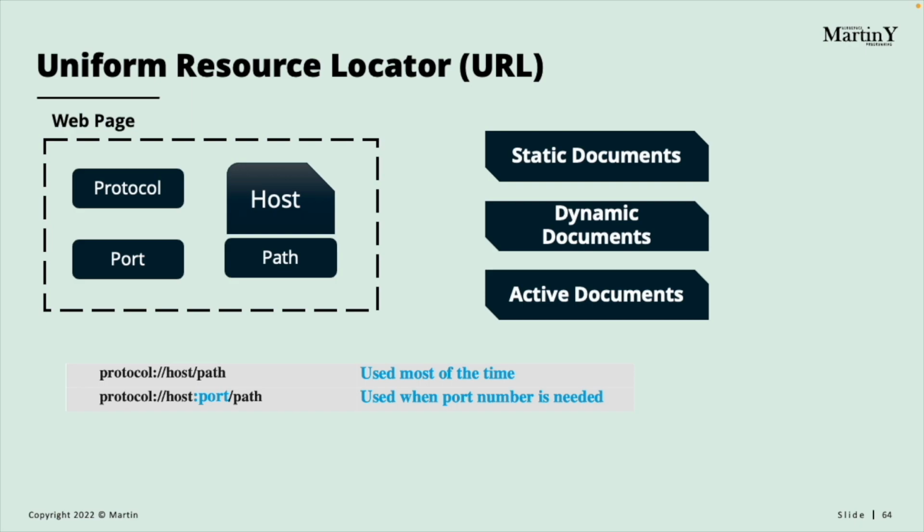Okay, and finally, the active documents are those documents that have some script incorporated inside them. For example, sometimes you're going to web pages that have animations, right? Let's say you're moving your cursor and it's not something standard, right? Sometimes you go to a web page where when you move up and down, some graphics happen.